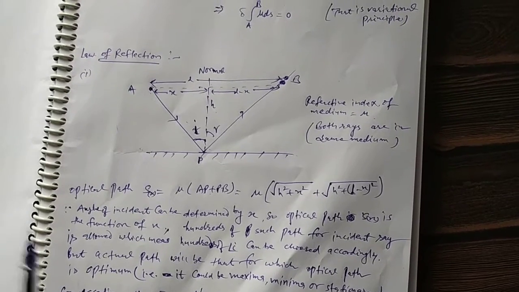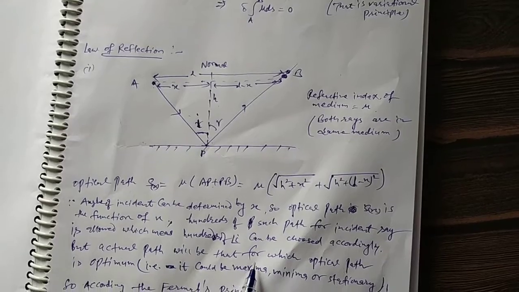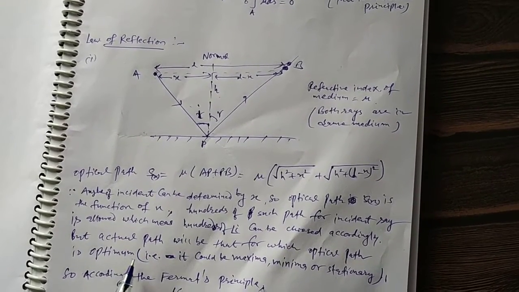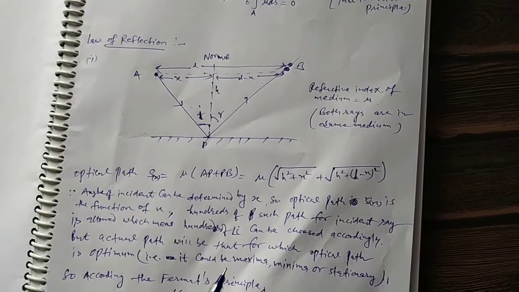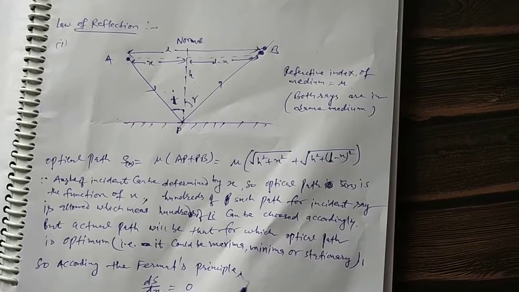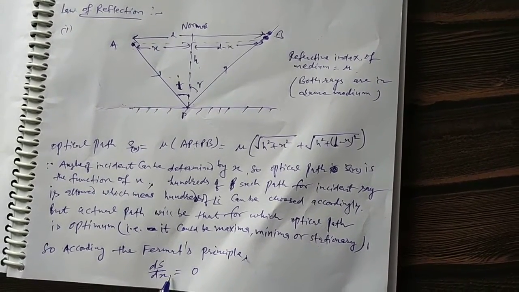In other words, the actual path will be that for which the optical path is optimum, which means it can be maximum, minimum or stationary, and this can be calculated by Fermat's principle.